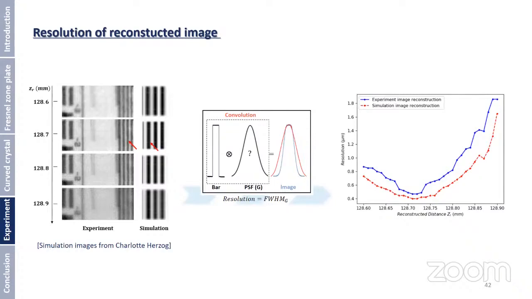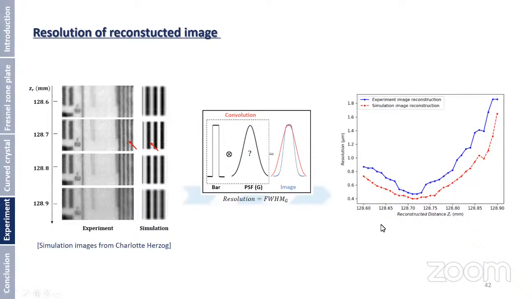We measured the resolution in the images not only reconstructed from the experimental data, but also the images reconstructed from the simulation data. And the results are plotted in the figure on the right.